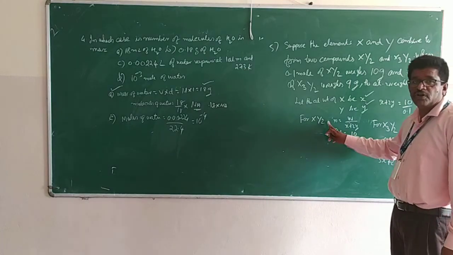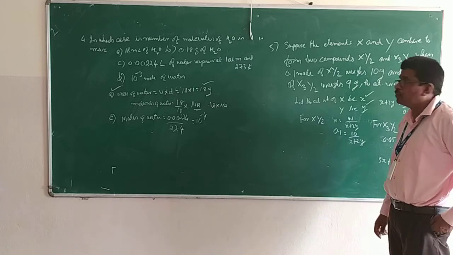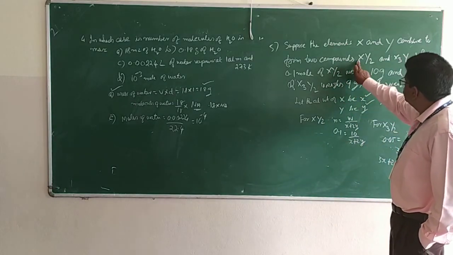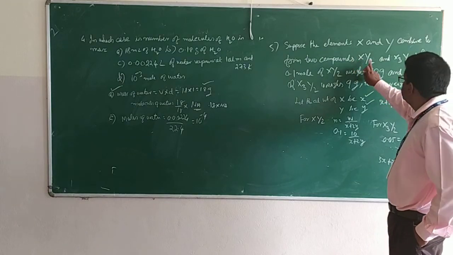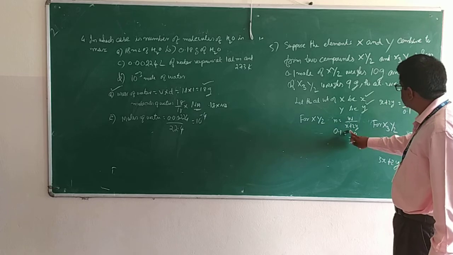We know that number of moles is equal to mass divided by molecular mass. So molecular mass of XY2, how will you calculate? Mass of X plus mass of Y into 2. That means number of moles is equal to W by x plus 2y.